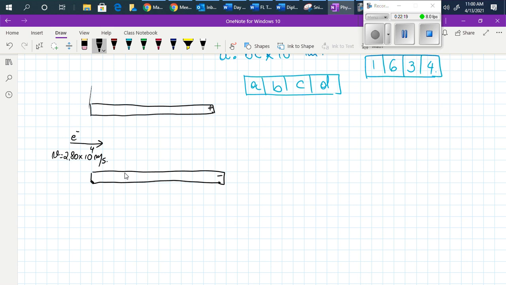And what do we have here? The plates are, let's say, 12 centimeters long, and delta D is 2.50 times 10 to the power of -3 meters, and the electron is entering at the midpoint.